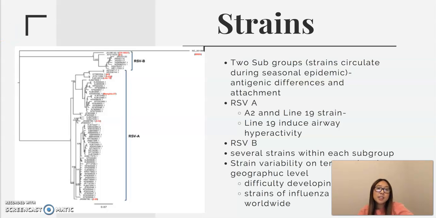And similarly to the influenza, there are multiple strains that circulate each season.